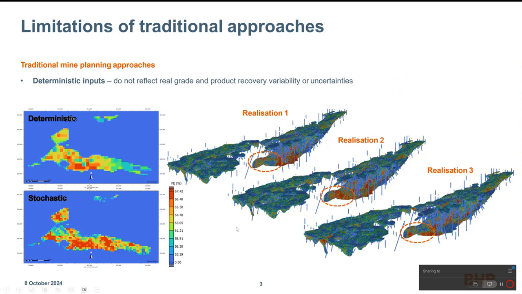So generally those methods produce an averaged or smoothed representation of the grades compared to what we will actually recover at the time of mining. And you can see in these images on the right that in some areas of our ore deposits there's quite a lot of uncertainty between the realizations in our stochastic models, which we don't see when we use the traditional methods.